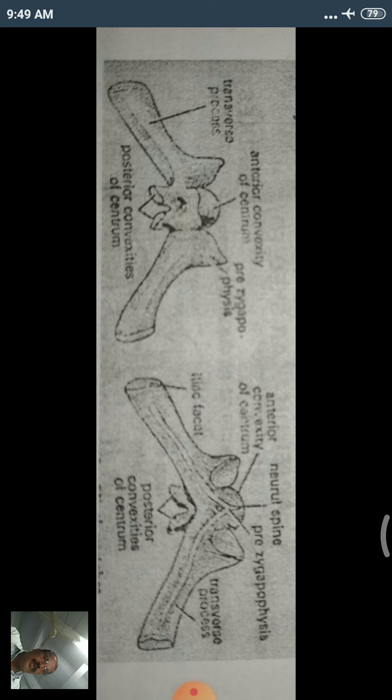It also consists of pre-zygapophysis and transverse processes. The ninth vertebra can be easily identified: only one convexity on the anterior side, but two convexities in the posterior region, and it consists of pre-zygapophysis with transverse process with iliac crest.